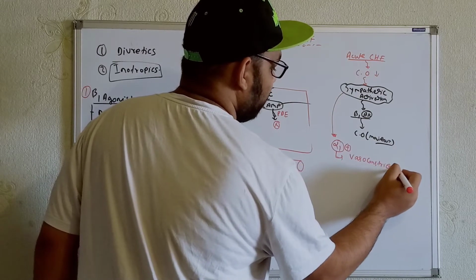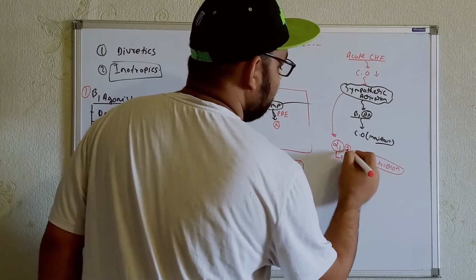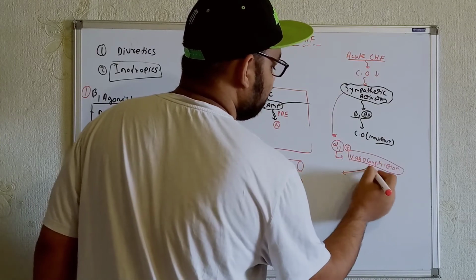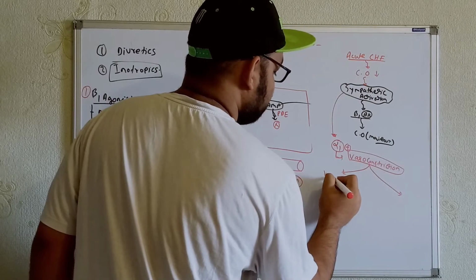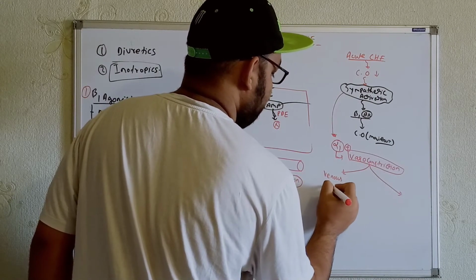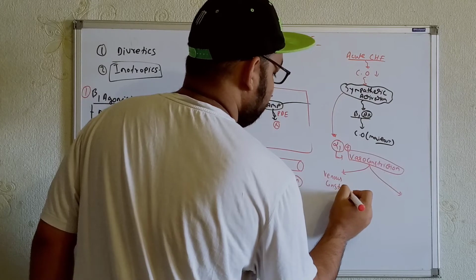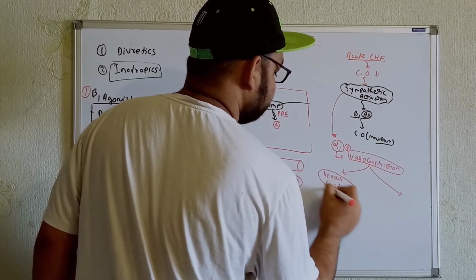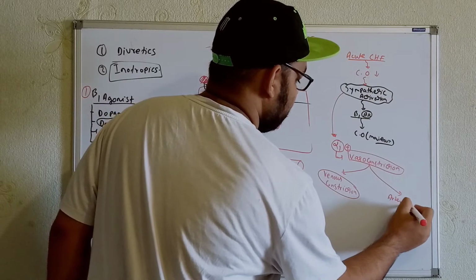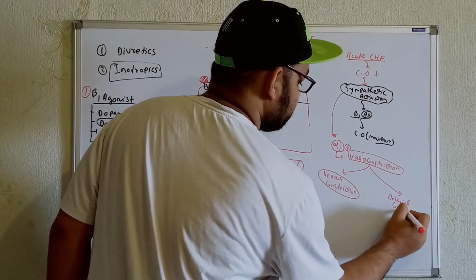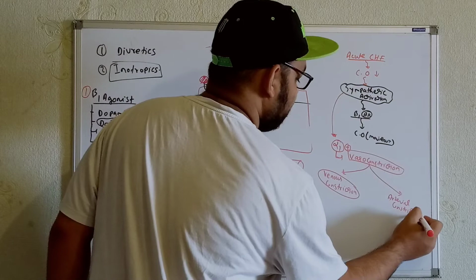And whenever we get vasoconstriction, we get it in two ways. For example, venous constriction and arterial constriction.